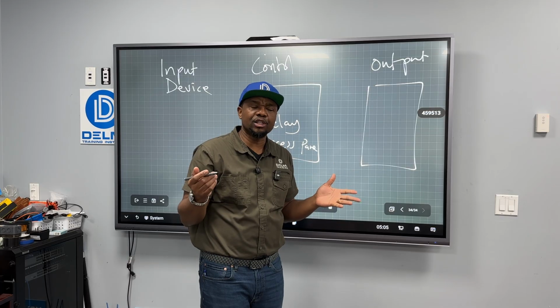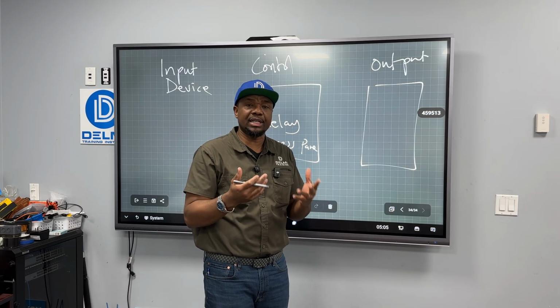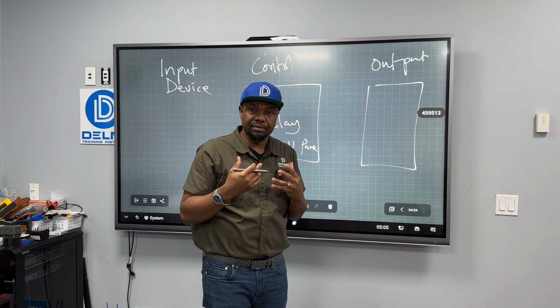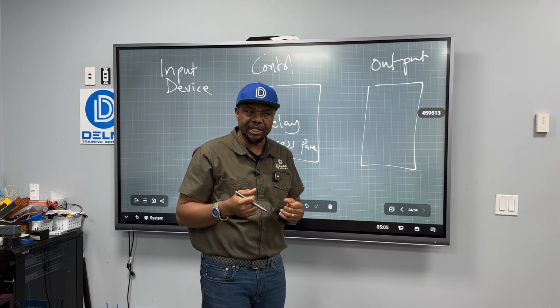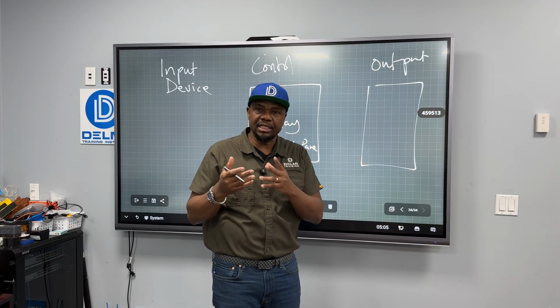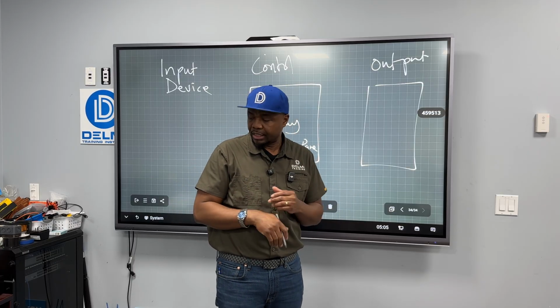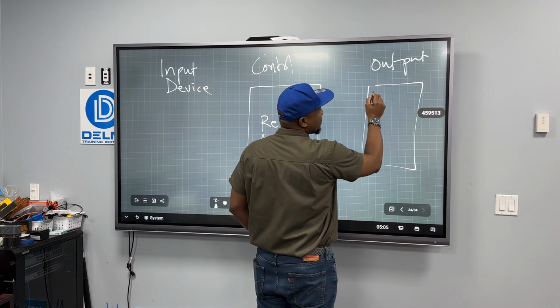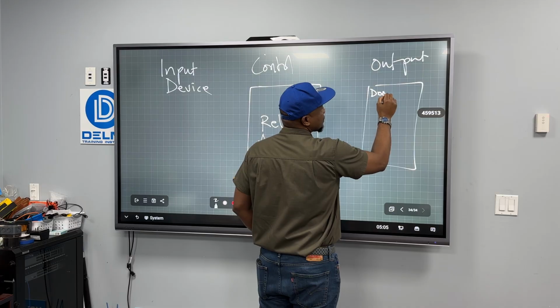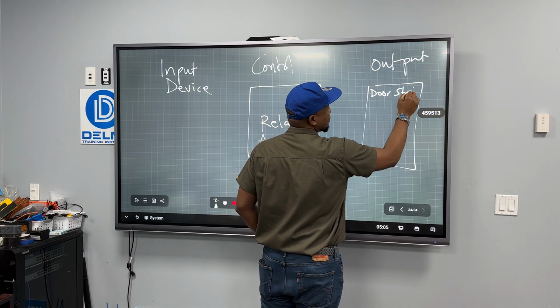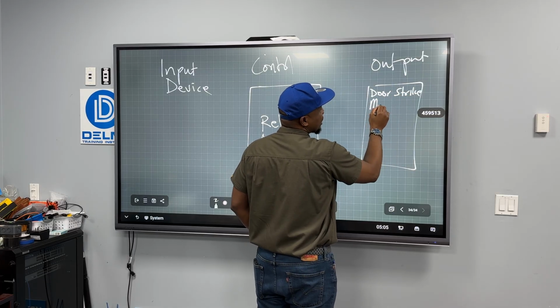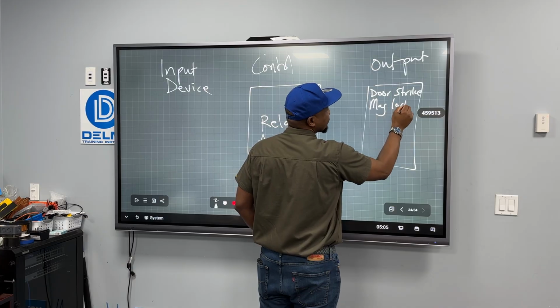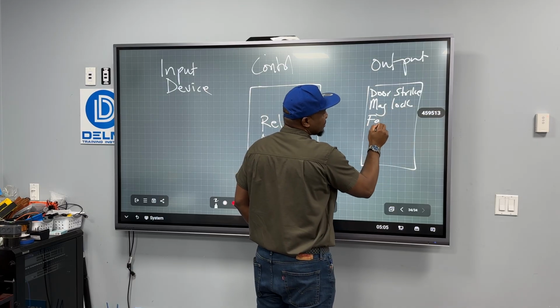So what are some of the output devices? An output device is just going to take power, voltage, and consume that voltage and convert that energy from one state to another. Some of the things that could be output devices are, for example, a door strike, a magnetic lock, Maglock, a fan.